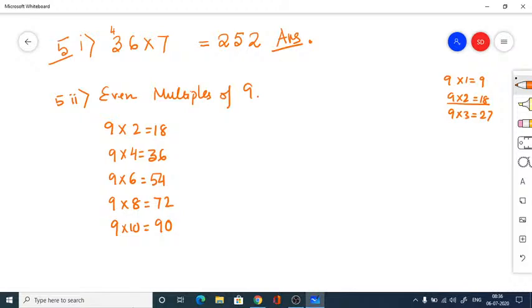So this will be my final answer. So the answer is 18, 36, 54, 72 and 90. I hope I've not missed any one of them.